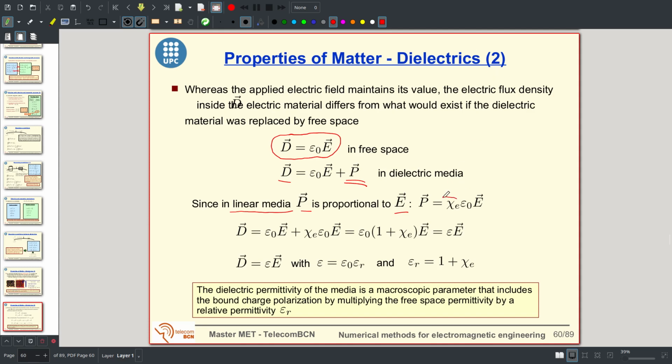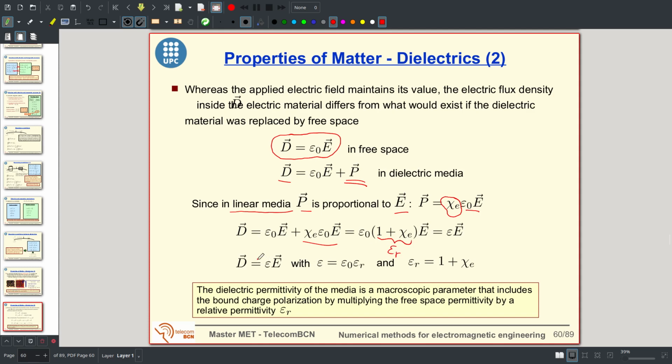So we define this constant called electric susceptibility, which is the constant of proportionality between P, the polarization, and epsilon 0 E. We substitute P by this, and we get epsilon 0 out, times a sum, which is a scalar quantity that we call relative epsilon.